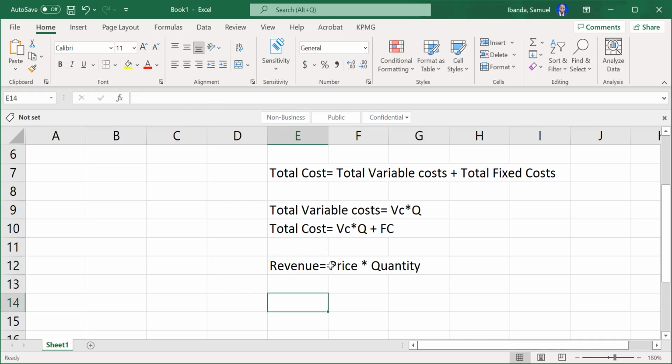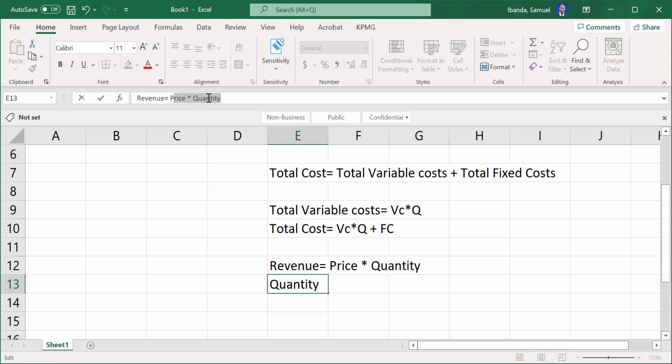If you want to determine how much you have made in revenue for selling water, you get the unit price times the quantity that you have sold. So this same revenue can be demonstrated in short form as P times quantity. And this is total revenue.